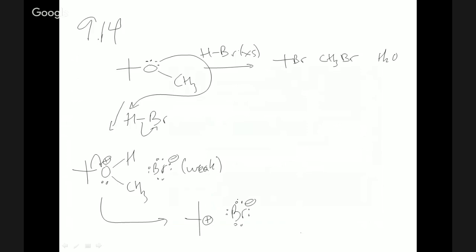And then Br minus can capture that. That gives you one product. Now, what was the byproduct? Methanol.